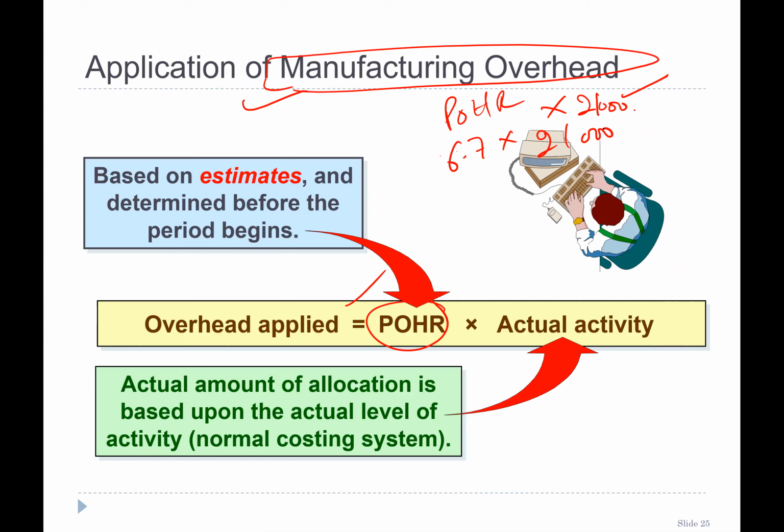What would be the answer here? 6.7 multiplied by 21,000. It means we would be writing down 140.